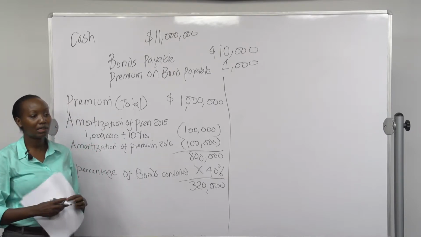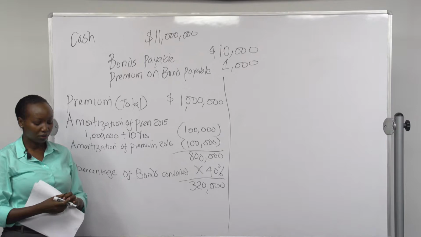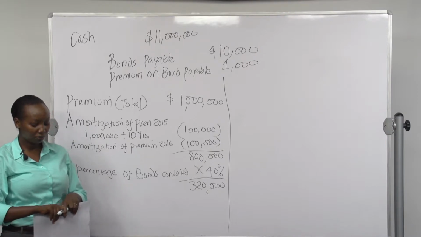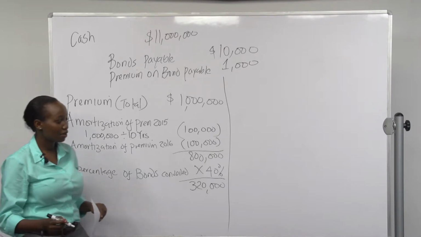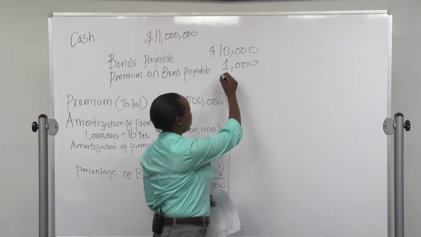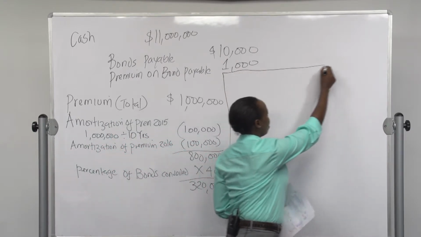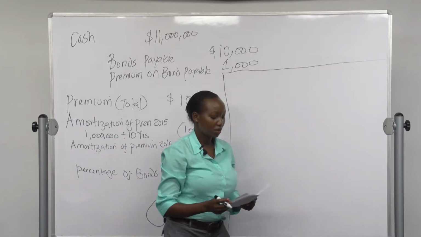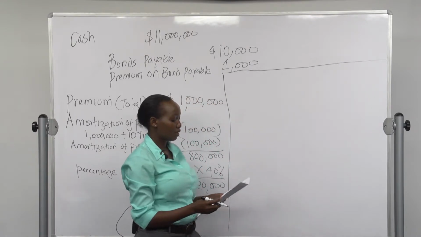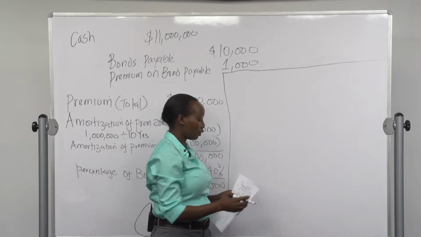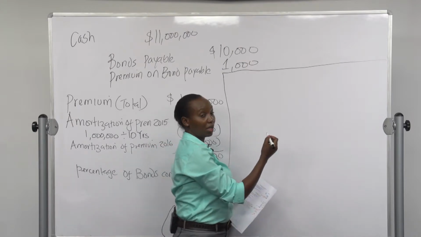Next, we're going to calculate the number of shares. We need to figure out how many shares we ended up with in this conversion. First, the number of shares that are convertible, the total number at the beginning.